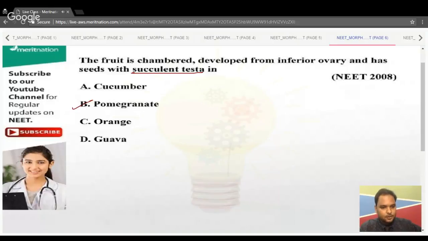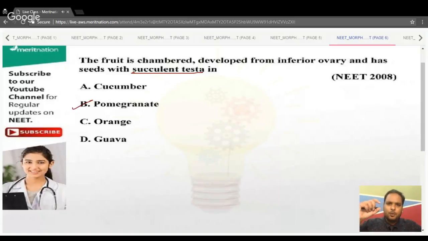So again, a question which got a very specific answer here. Because in pomegranate only, if you see the outer fleshy succulent part, it is a seed coat where the water is filled. So you can puncture it also.